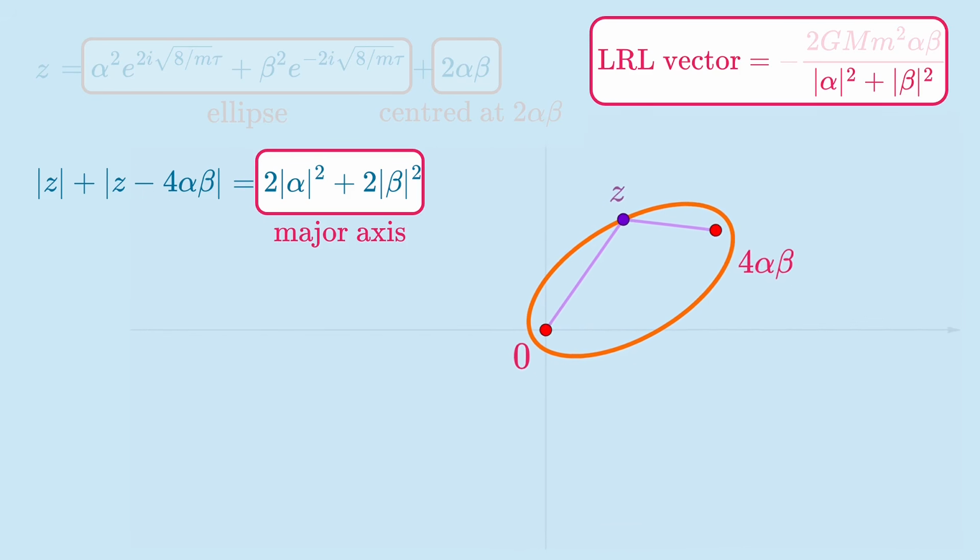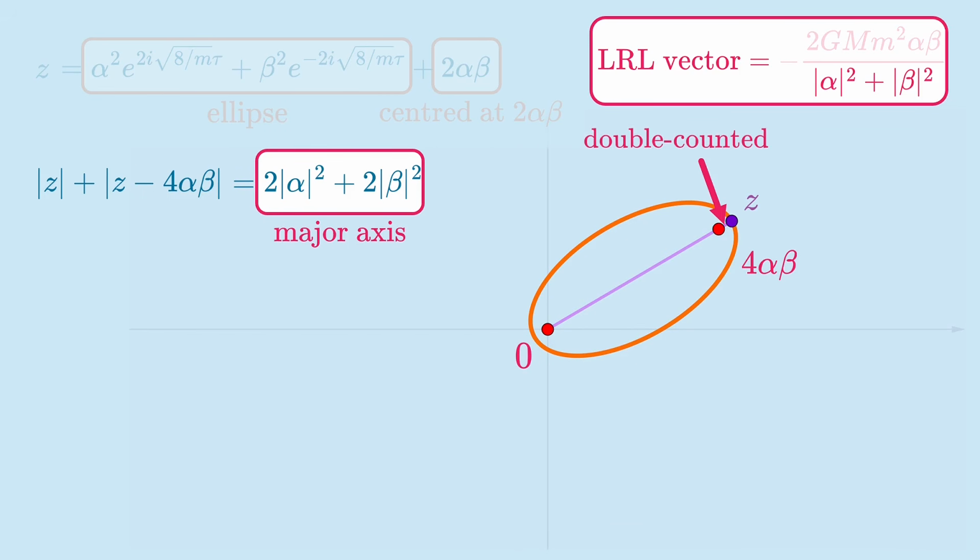Basically, when you move z to align with the two foci and consider the sum of distances, the shorter distance is double counted. But by symmetry, I can move it to the other side of the ellipse so that the sum of distances is actually the long diameter or major axis of the ellipse.